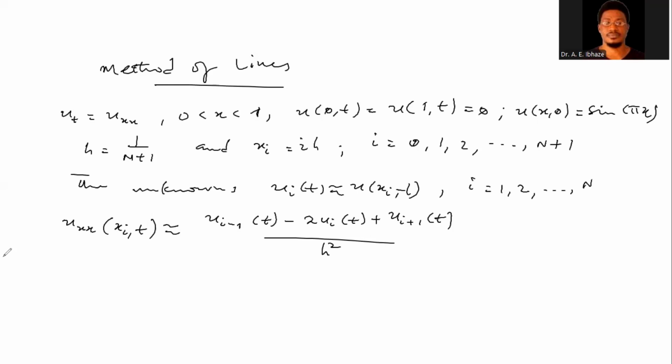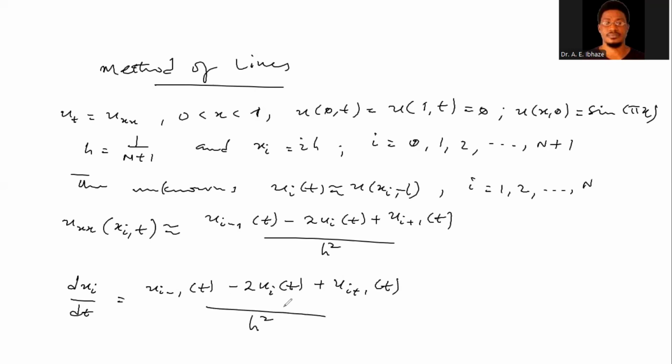So the partial differential equation becomes a system of ordinary differential equations such that we now have du sub i dt will be the same as u sub i minus 1 of t minus 2u sub i of t plus u sub i plus 1 of t over h squared.